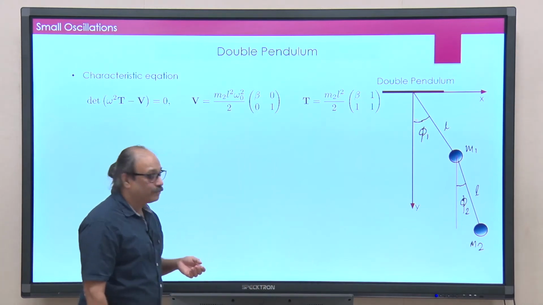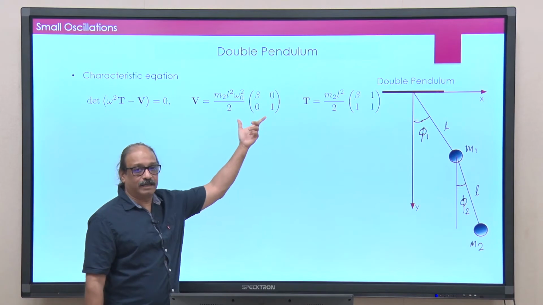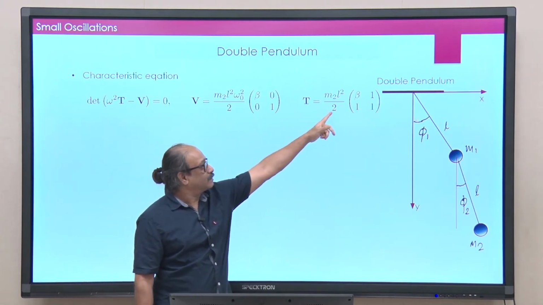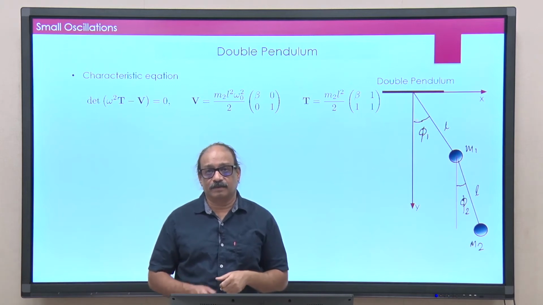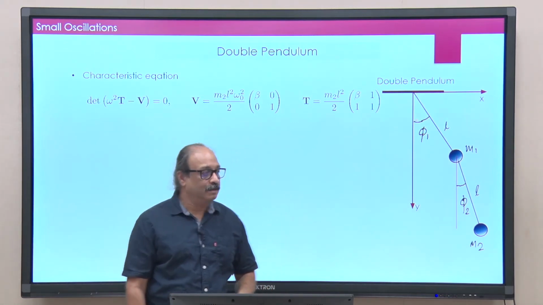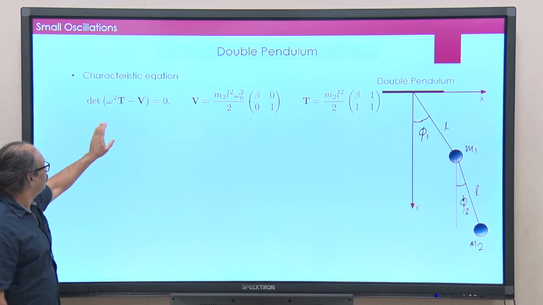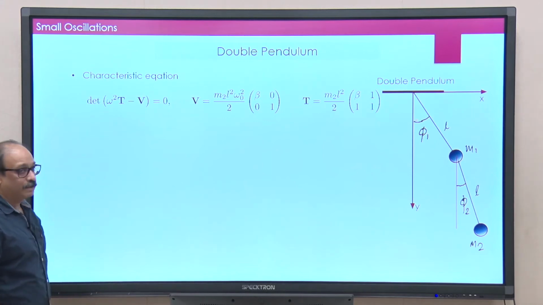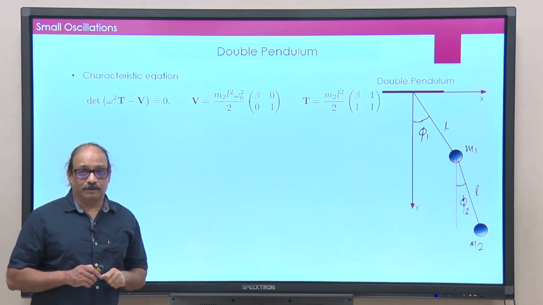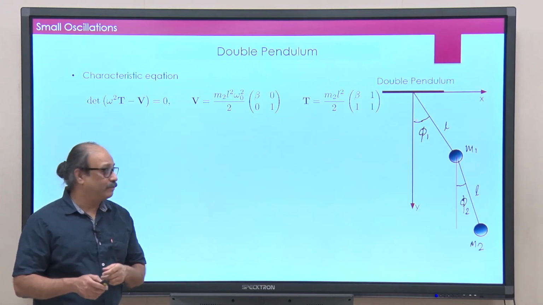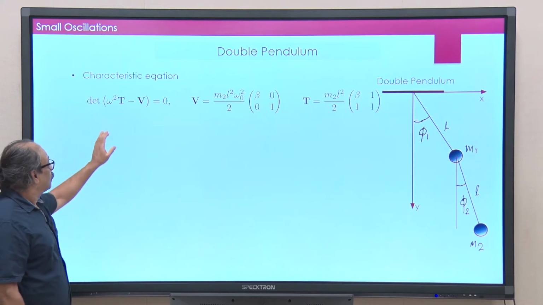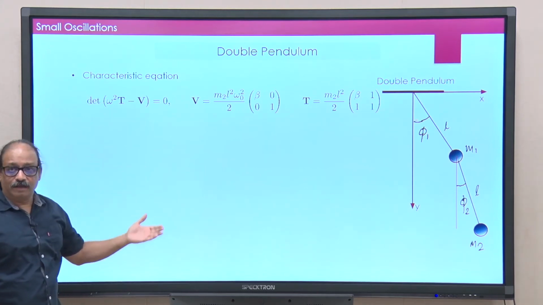And now, we already have matrix T and matrix V has the matrices of constants. So, this is basically simple eigenvalue problem. You get the eigen frequencies there. Okay. Now, I am not going to do this calculation for you. You can stop video now and do this calculation if you want. Write down this polynomial, it is only a quadratic.